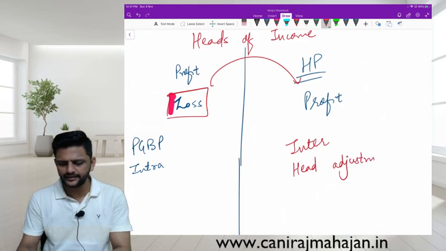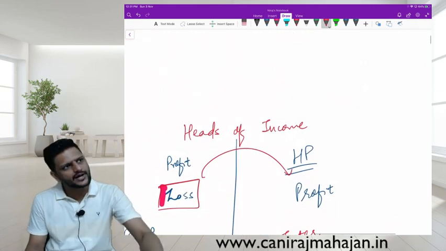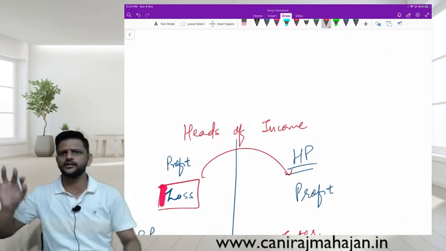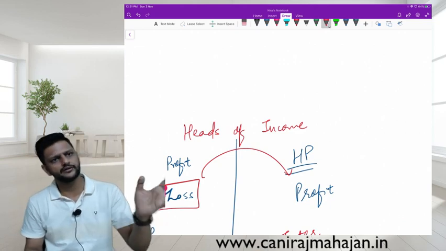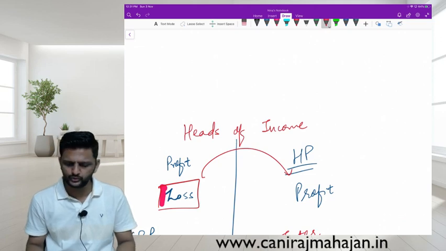At times we had done that in the chapter of HP also. In the chapter of house property we had done intra-head adjustment. There were 2-3 properties, some making loss, another making profit. Then we adjusted them. The effect was an intra-head set off of losses. Are you following?